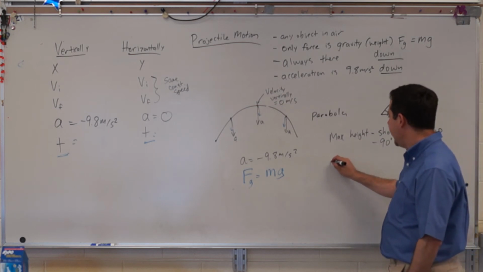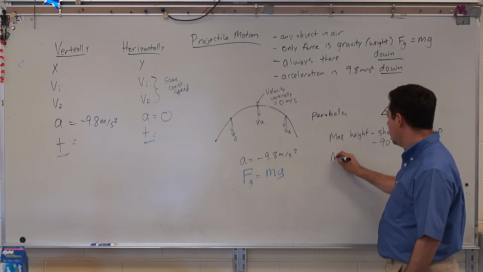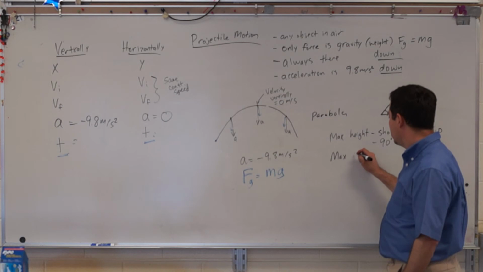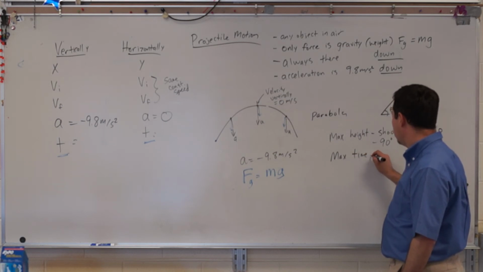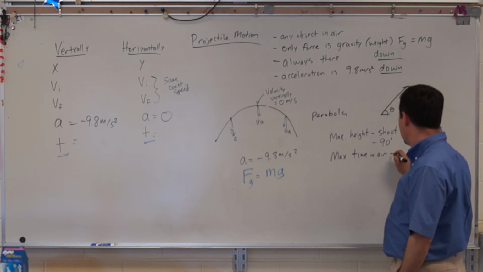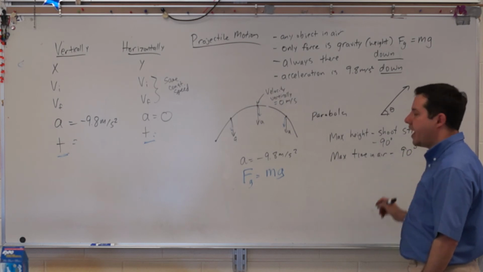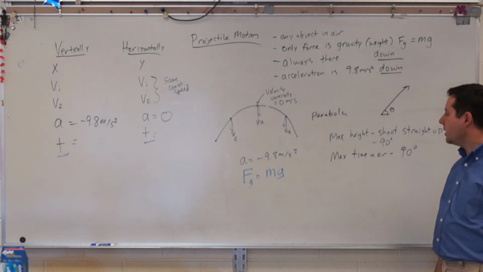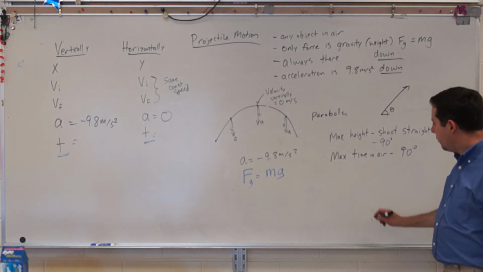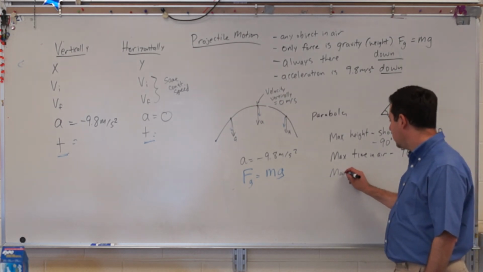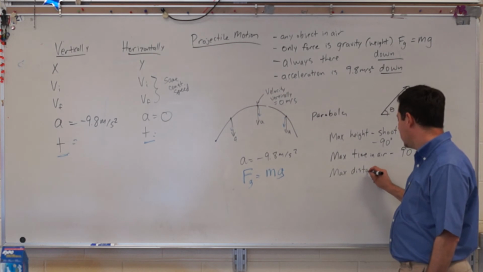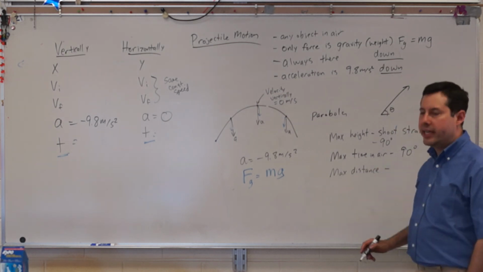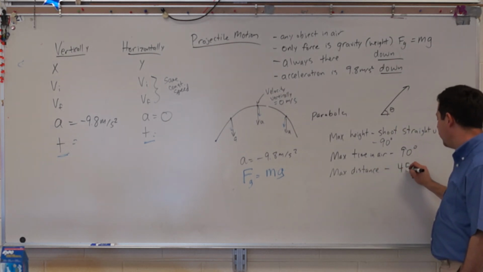If you want to get max time in the air, you're also going to go at a 90-degree angle straight up. If you want to shoot for the max distance, though, for a given velocity, it's going to be at 45-degree angle.